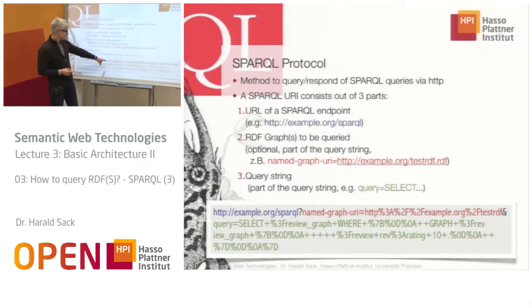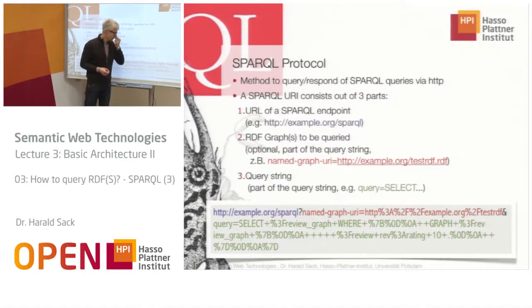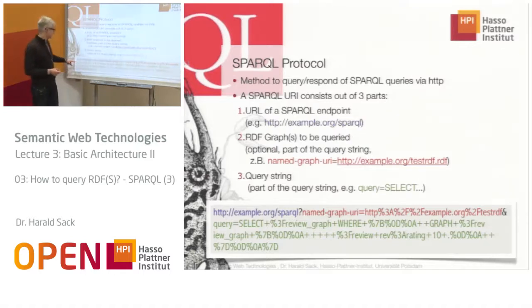And after the graph that you are questioning, the next parameter, after the ampersand, is the SPARQL query expression. For the query, you have the keyword query equals, and then comes the select statement. The entire statement must also be ampersand encoded.